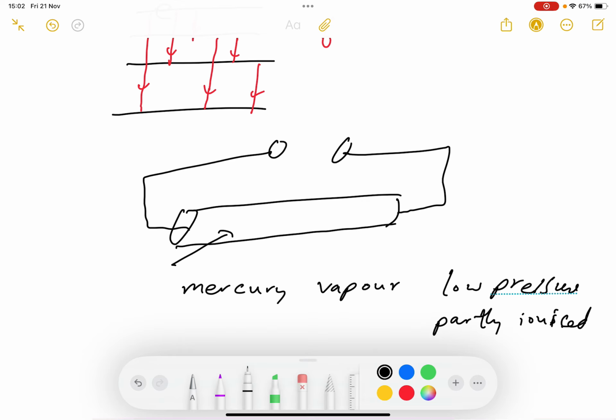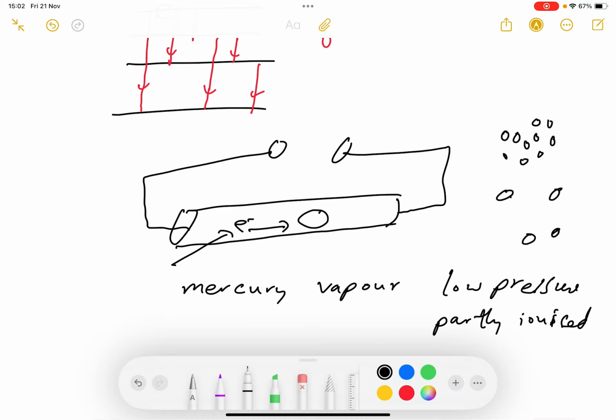So our little electron is racing down the tube, hoping to cause an excitation. In high pressure gas, the particles, relatively speaking, are close together. Our poor electron only gains a tiny little bit of energy between collisions. In low pressure gas, they're much further apart.